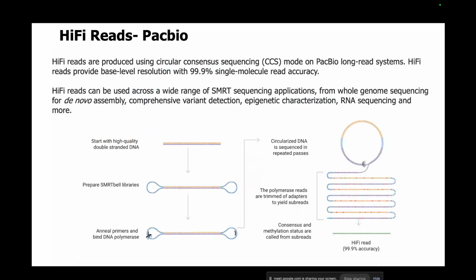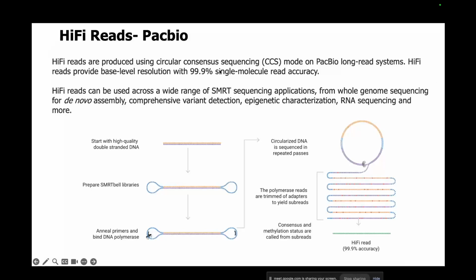Okay, so now we come to the actual long read sequencing technology. The SMRT technique is very good, but it only gets you up to 1000 base pairs. So we need more than that. Here come PacBio hi-fi reads. The way of producing these reads is slightly different compared to other sequencing by synthesis technologies.